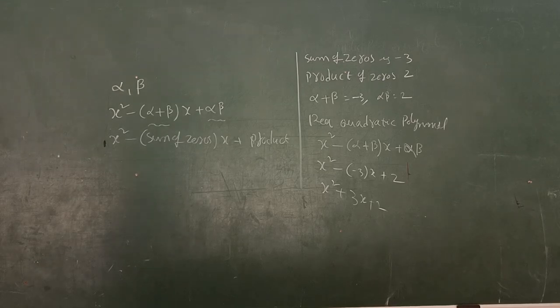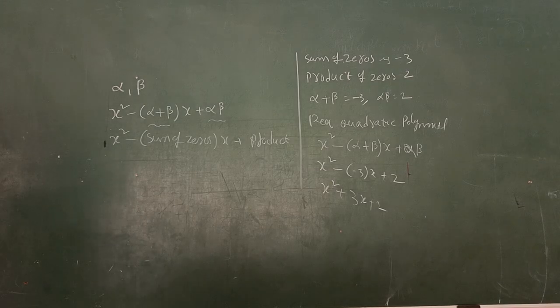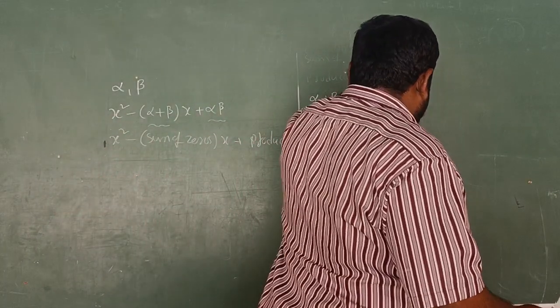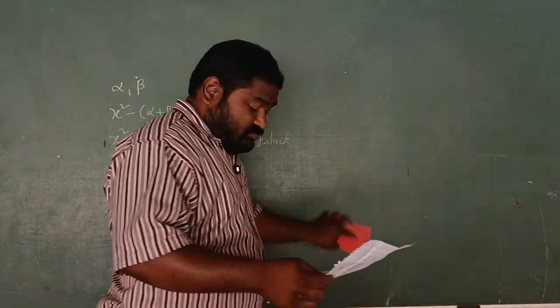Based on this formula, we have exercise 2.2, Roman number 2.